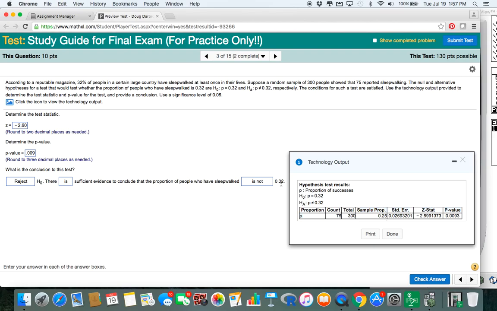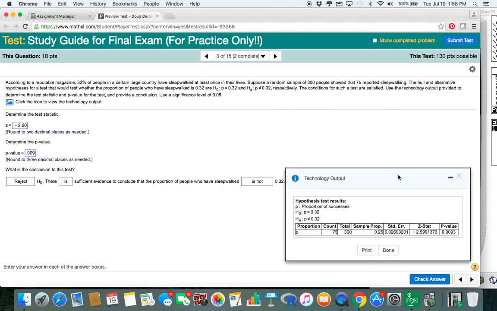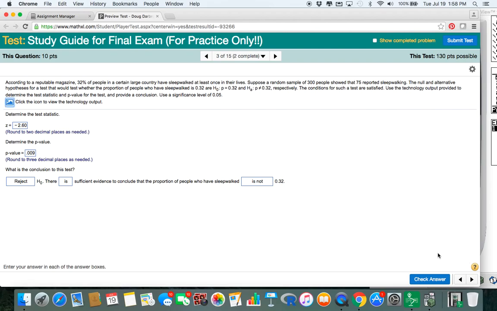So we can actually further, from the confidence interval, conclude that the proportion who have sleepwalked is less than 0.32 because our sample proportion is less than 0.32. It'd be kind of goofy if we concluded it's bigger than 0.32. Now we can only do that by an additional statistical test, a confidence interval, which isn't part of this question. So again, just doing a little bit of teaching here along the way while I'm working the problems.